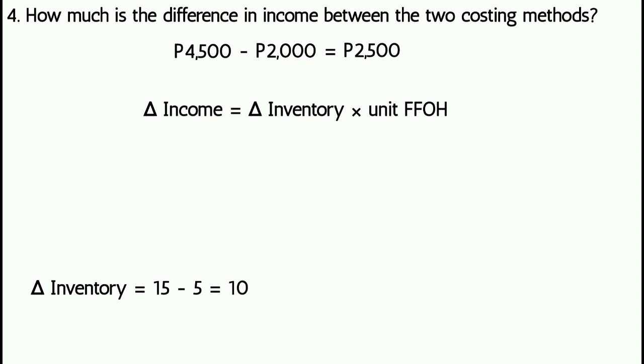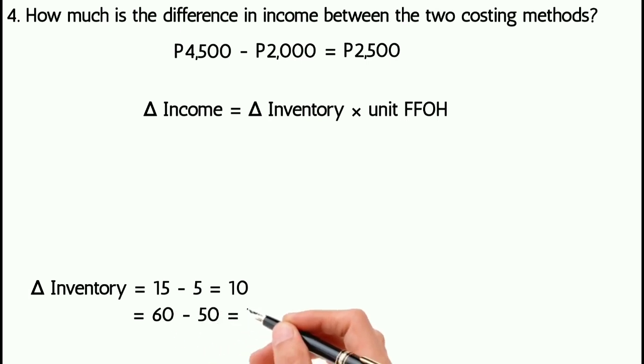Pwede rin nating makuha yung change in inventory by deducting sales from production or deducting units sold from units produced. So 60 minus 50, that is equal to 10. Pwede na nating makompute yung change in income.